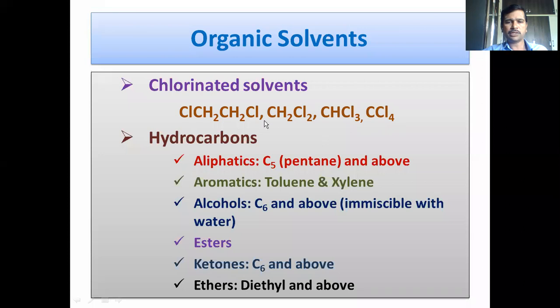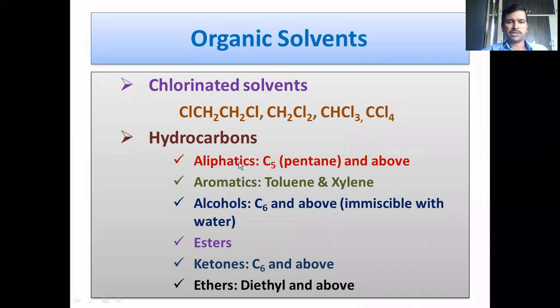They are heavier solvents than water. That is the advantage. Also, most chemical compounds show solubility in dichloroethane, dichloromethane, chloroform or carbon tetrachloride. Therefore, these are the most commonly used organic solvents.